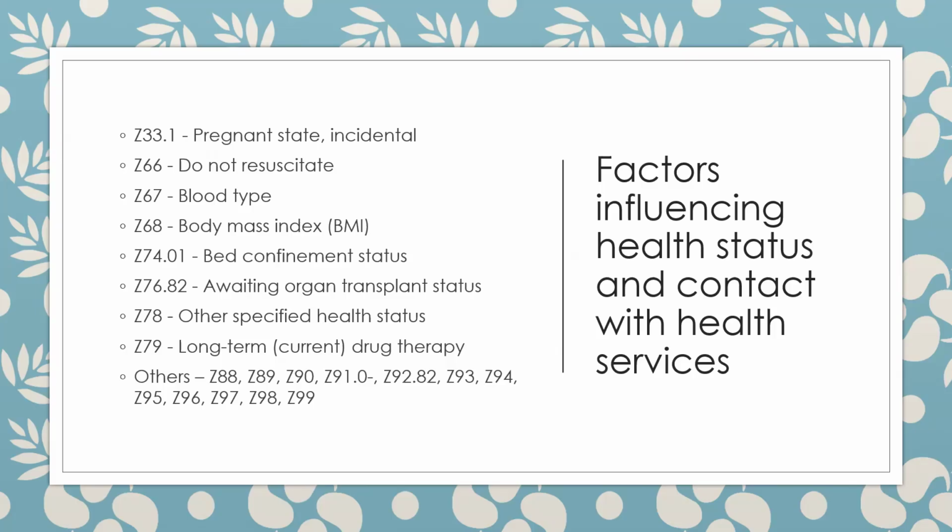Z79 is used for patients that are using insulin drugs, hypoglycemic drugs, or any other long-term drug, including anticoagulation therapy, aspirin, NSAIDs. There are multiple Z79 codes that can be assigned when the documentation provides that a patient has been on any specific long-term drug therapy.